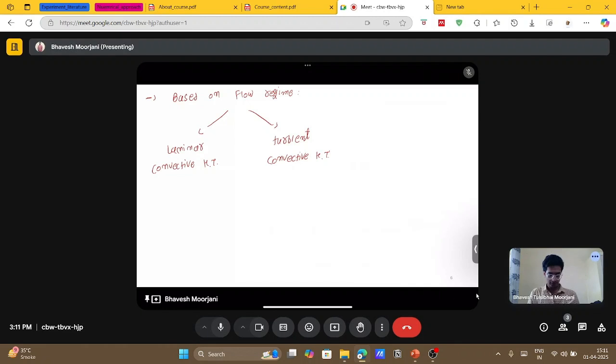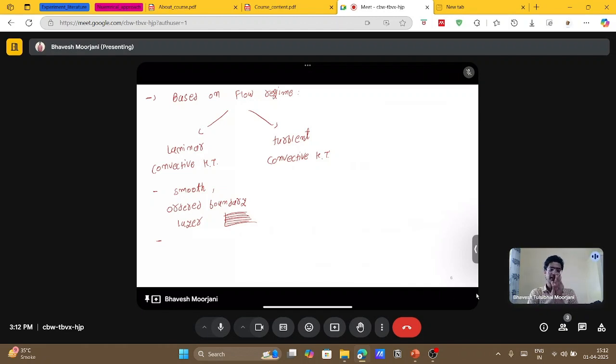So in laminar convective heat transfer, as the name suggests, the fluid flow will be laminar, right? So it will be in the laminar region. So you will have smooth and ordered boundary layers, because of which, since layers are arranged parallel to each other in laminar flow, one can think that heat transfer is occurring from one layer to another layer.